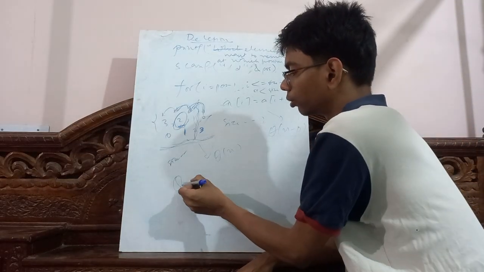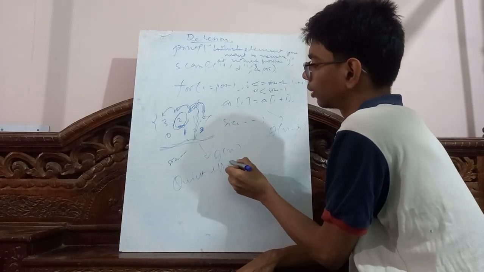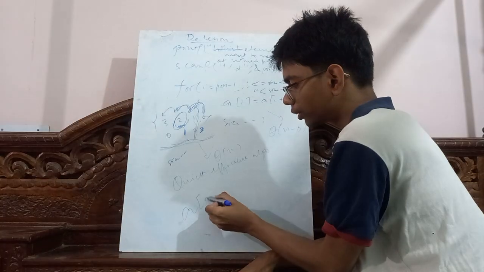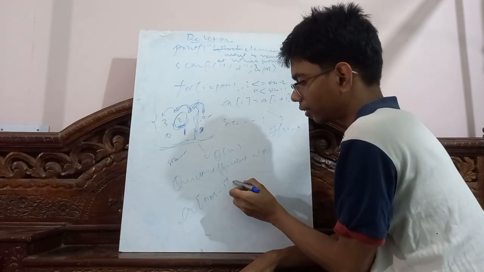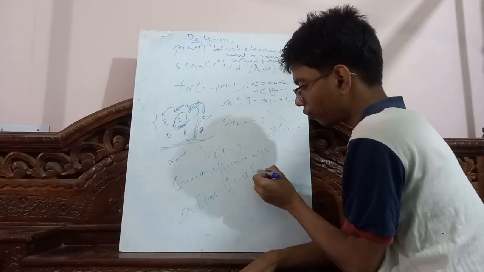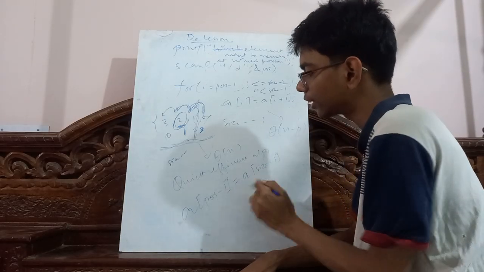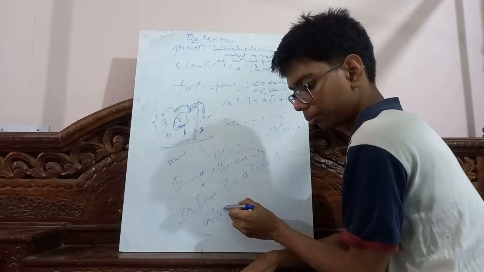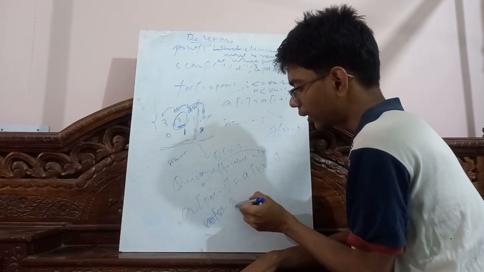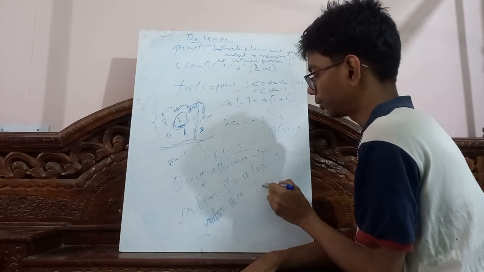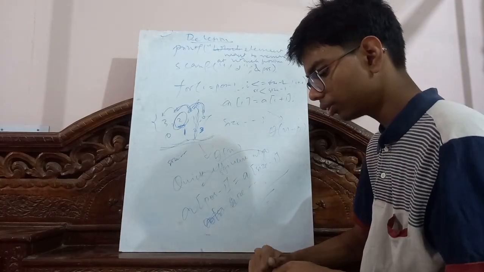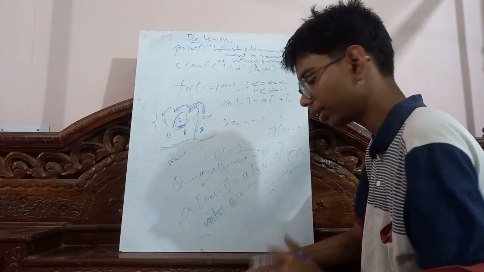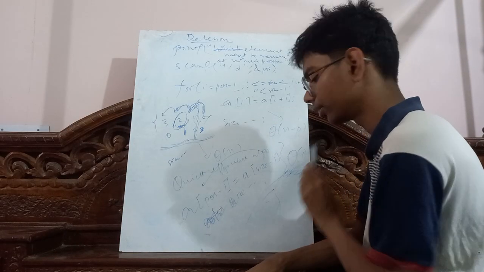Now the quick and efficient algorithm for deletion is simply a of position minus 1 is equal to a of size minus 1. I will simply take the last element, put it over there, and then write size minus minus, right? So this will have a time complexity of theta 1 or order of 1. This is the best time taken, right?